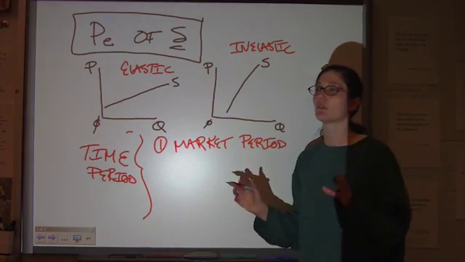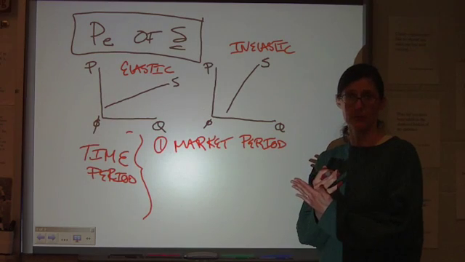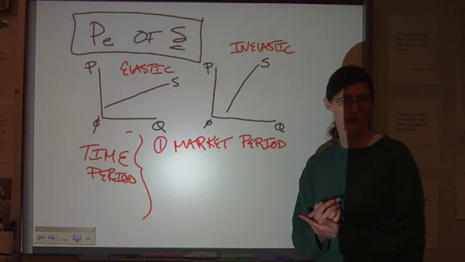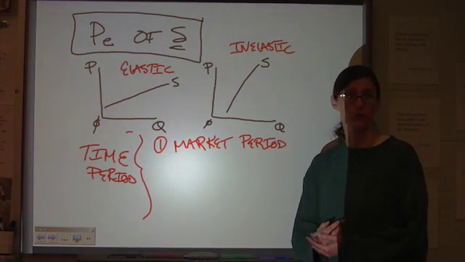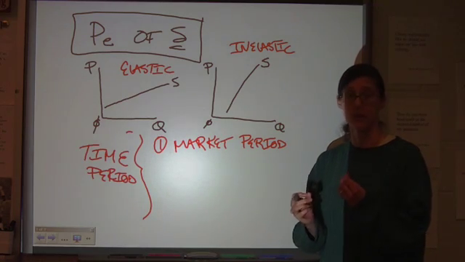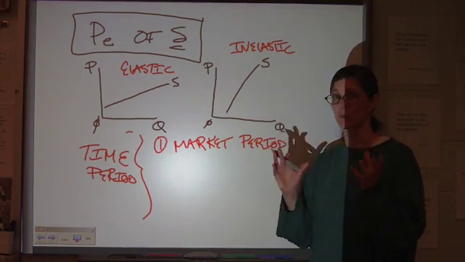The market period, or right after something happens, you really don't have a lot of ability as a company owner, as a plant manager, to react to a change. In the market period, you're kind of stuck with what you have.